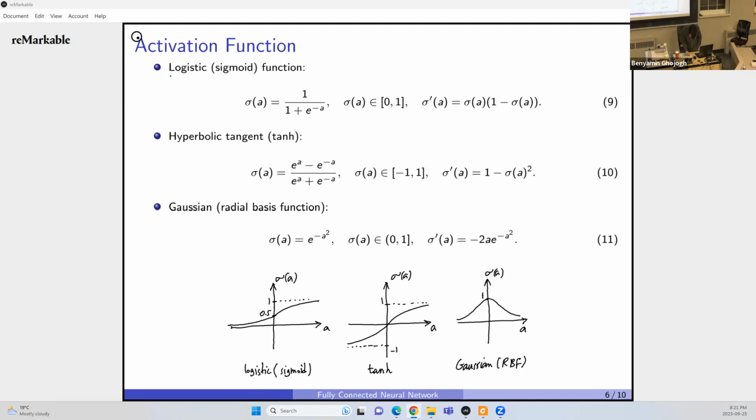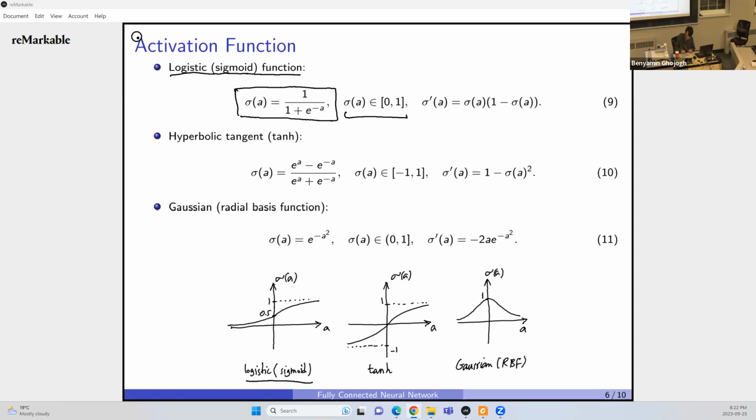Logistic or sigmoid function. At least we saw that in logistic regression for one neuron, right? So this is the logistic or sigmoid function, and we talked about it. We saw that this was initially proposed for modeling population, right? And this is between 0 and 1.